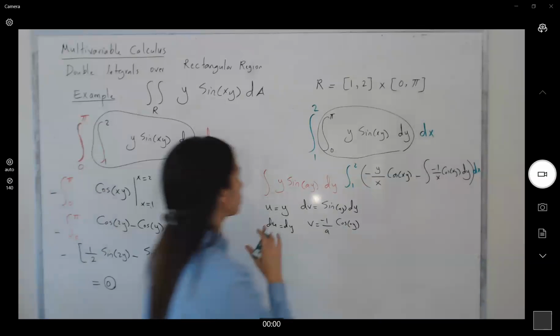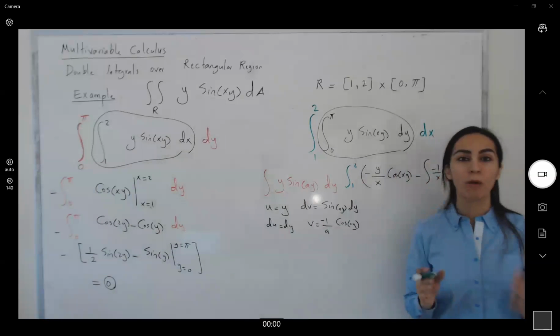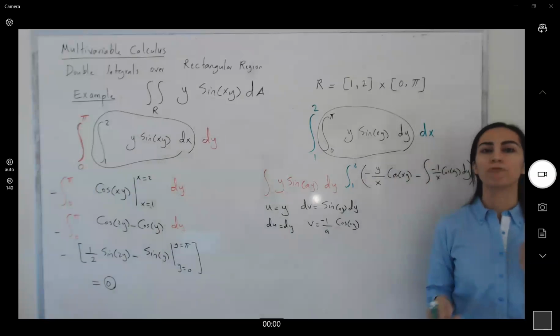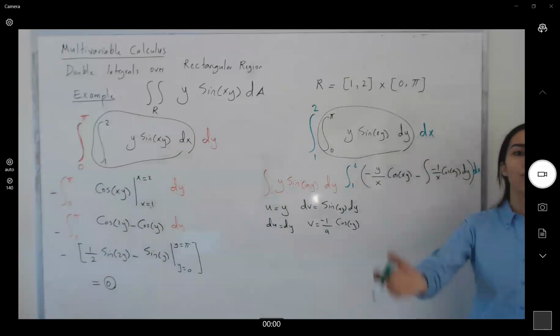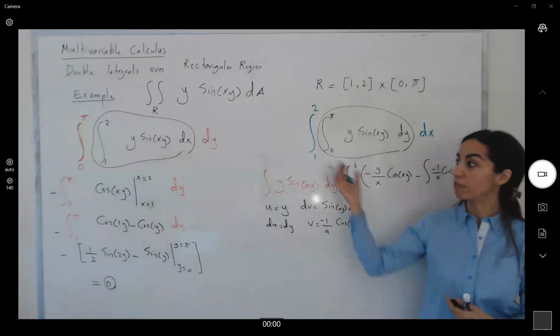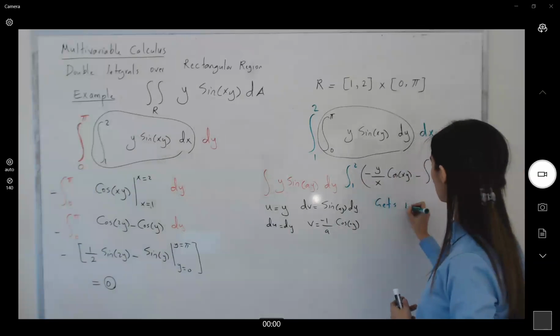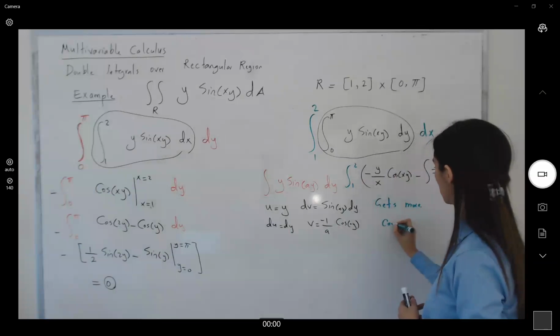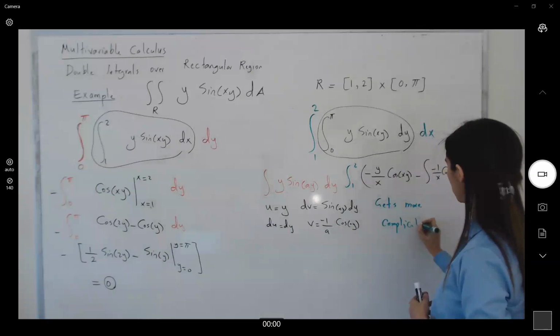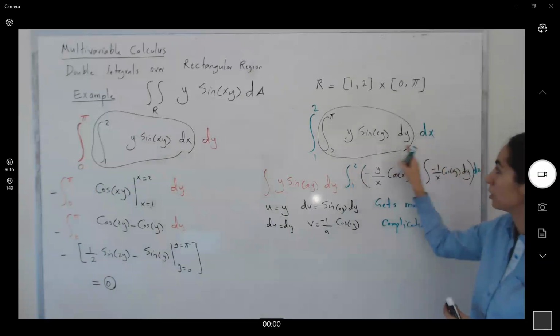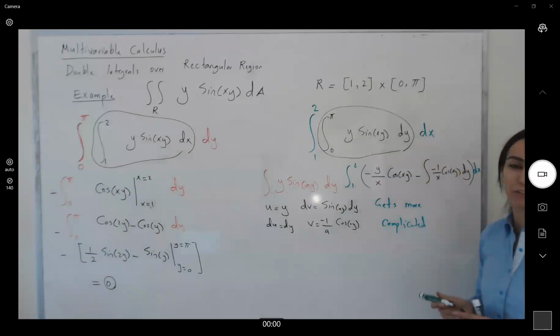So when you're evaluating double integrals, try to see which one makes it easier for you to evaluate the integral. So it gets more complicated this way, by taking the integral with respect to y, then with respect to x.